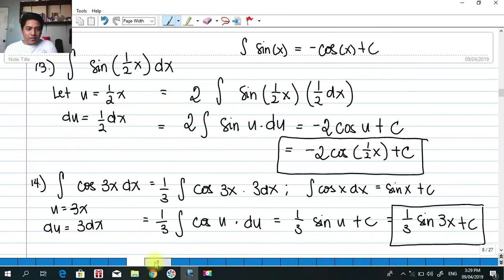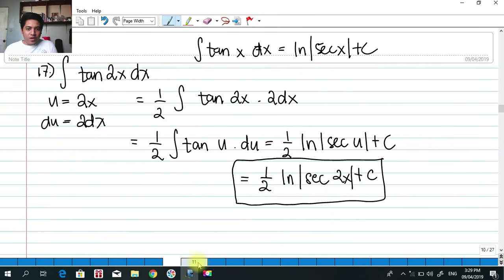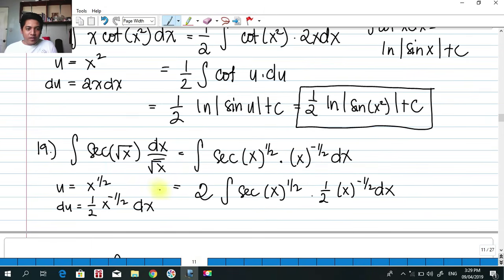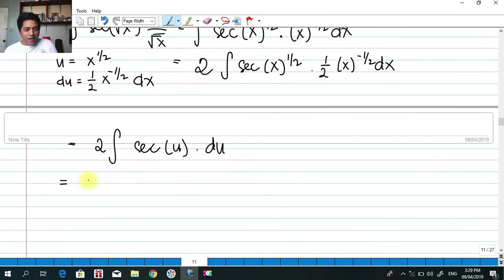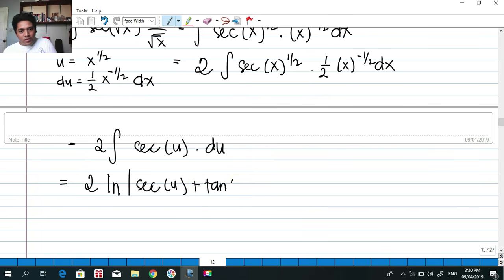So going back, we have 2 times the ln of secant of u plus tangent of u plus c.